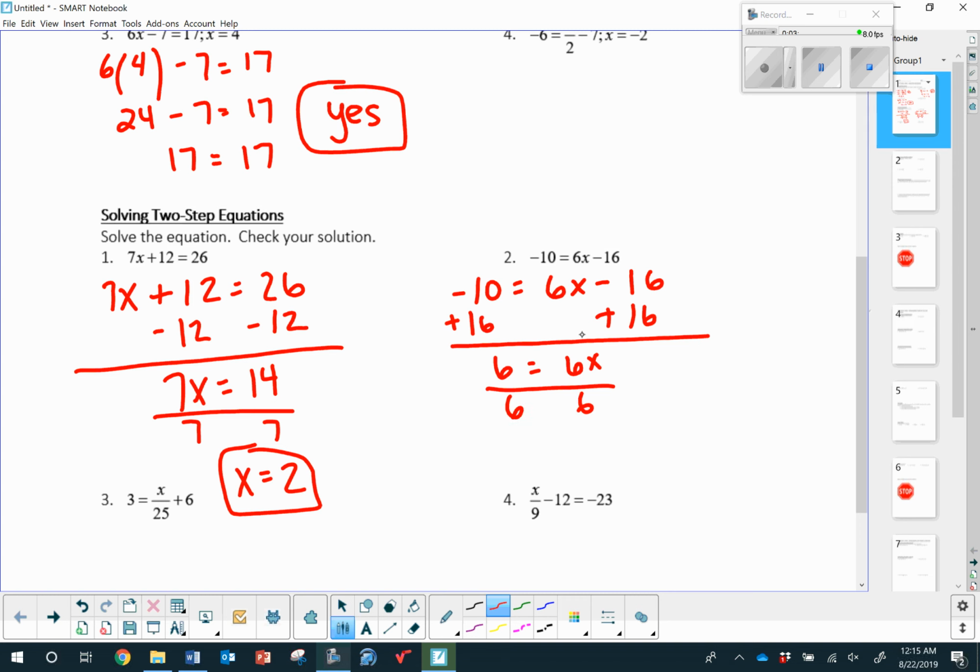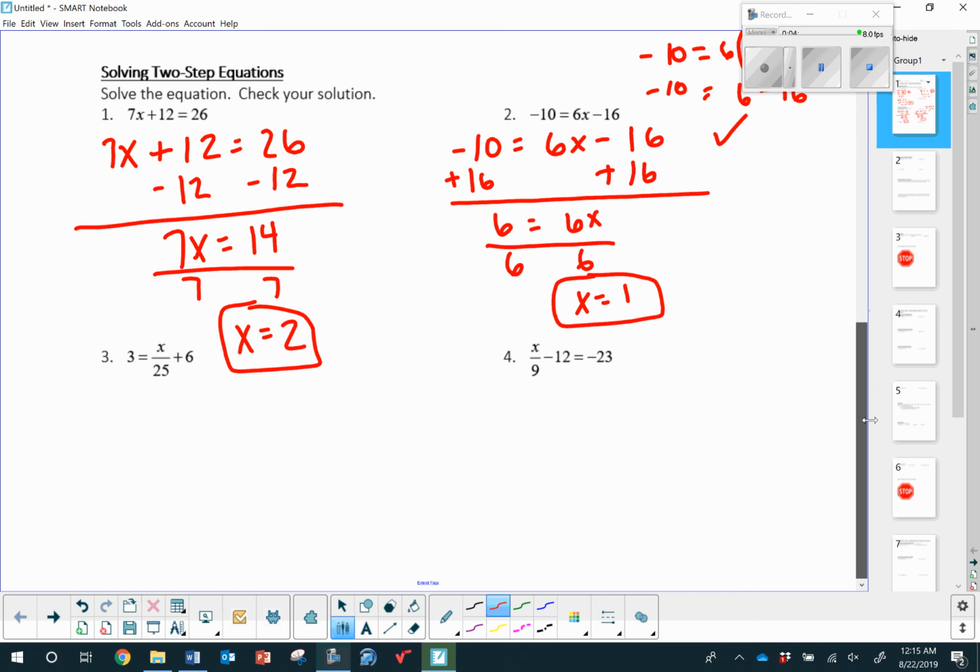Divide both sides by 6, and x equals 1. If I were to check that, negative 10 equals 6 times 1 minus 16. 6 minus 16 does give me negative 10. So this one also checks off.